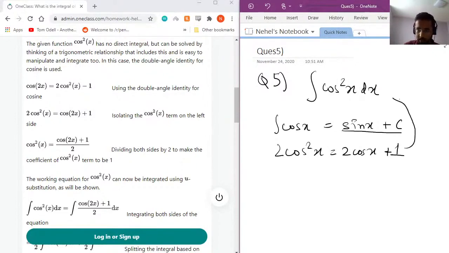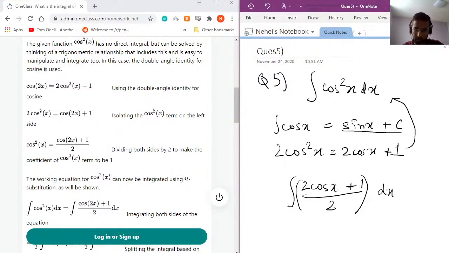If we plug this in over here, our question changes and it comes to the integral of (cos 2x plus 1) divided by 2 dx.